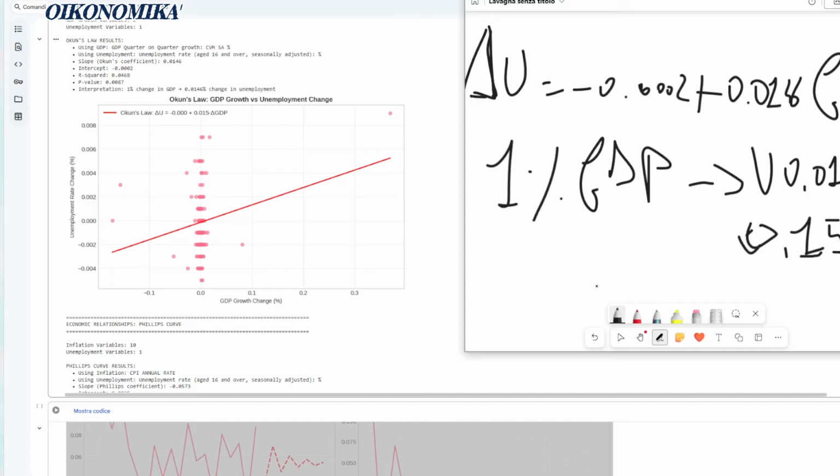So according to this linear regression, the marginal reduction in the unemployment rate would be 0.15%. And that's very minimal, because on average, in other advanced economies, the relationship would be 0.4, 0.5. So for every 1% of economic growth, unemployment shrinks by 0.5 percentage point.